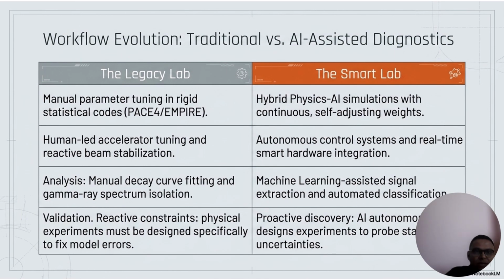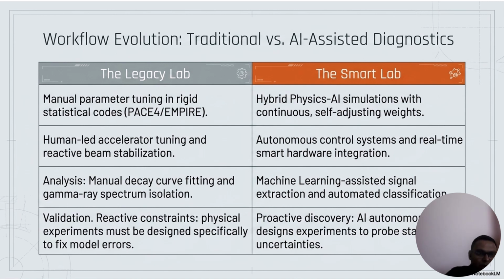The workflow evolution, traditional versus AI-assisted. The legacy lab uses manual parameter tuning and rigid statistical codes, while in the smart lab there is hybrid physics-AI simulation with continuous self-adjusting weights. In the legacy lab, human accelerator tuning and reactive beam stabilization, while in the smart lab, autonomous control systems and real-time smart hardware integration.